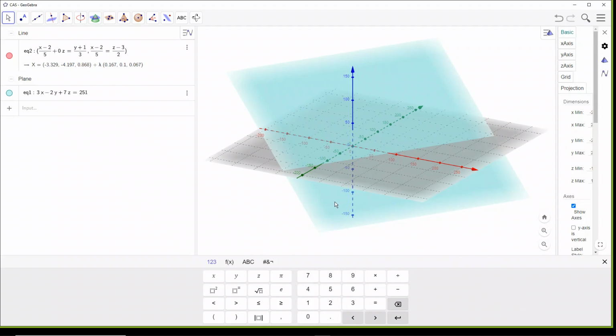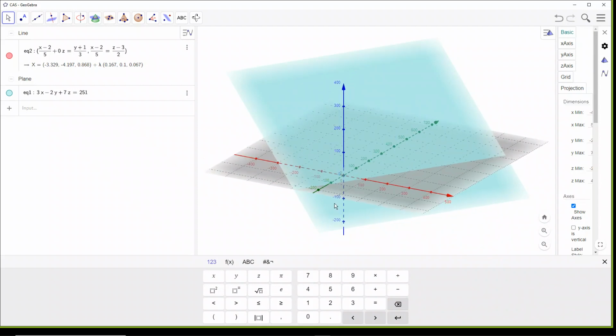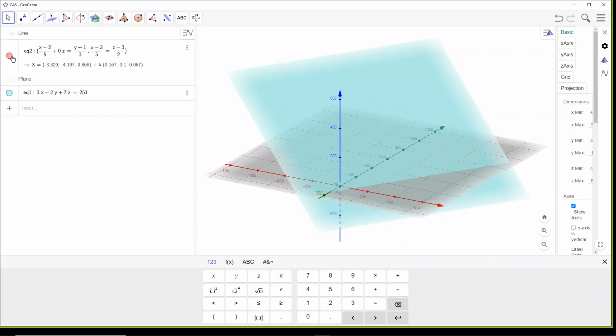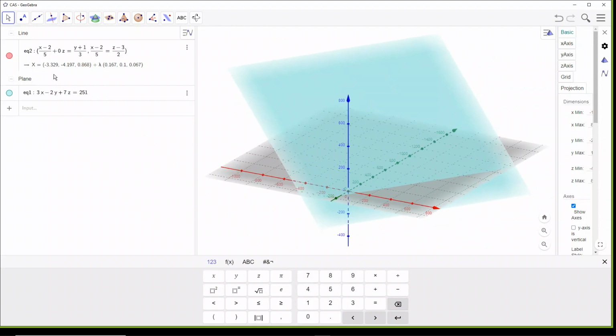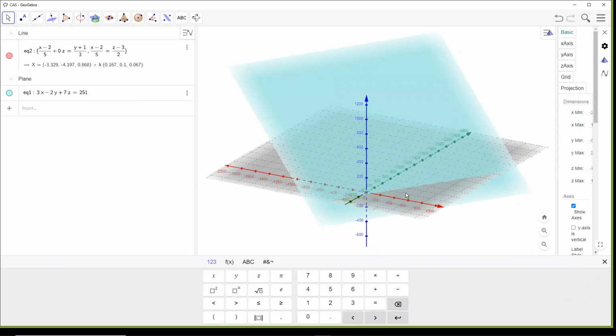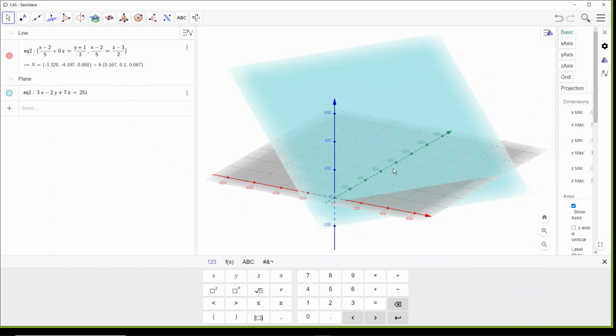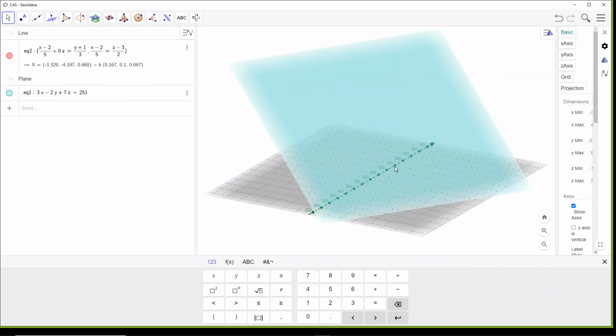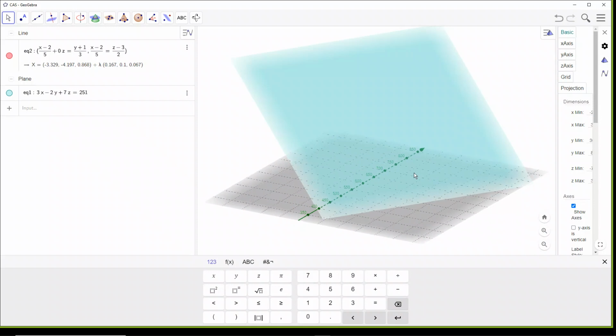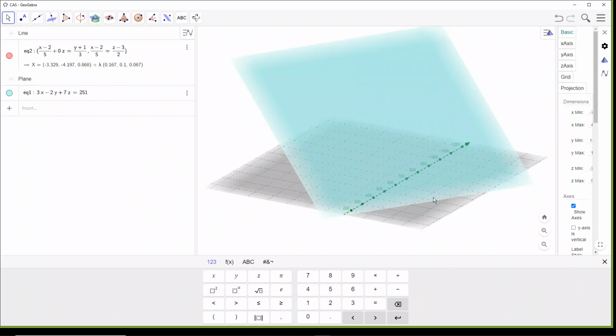Maybe. No, because it is here. It should be. I don't know. But GeoGebra knows, because the equation provided by GeoGebra, I know this is an equation for a straight line. But the straight line is actually out of reach, might be. I don't know where it is actually. Anyway, I can probably work with this.